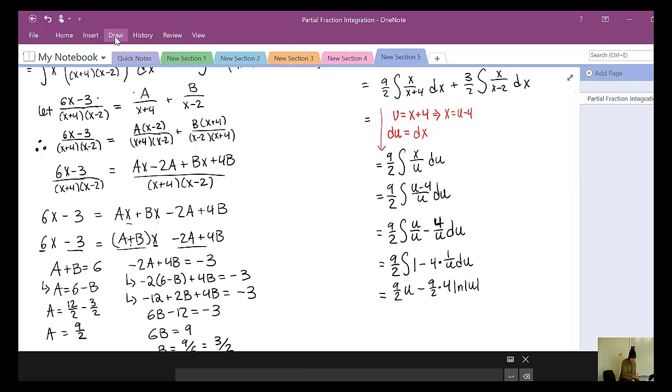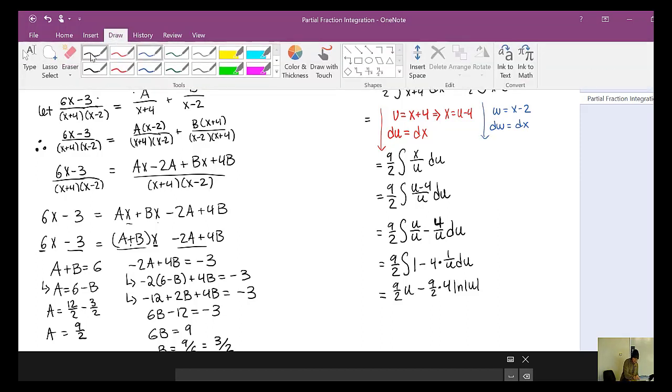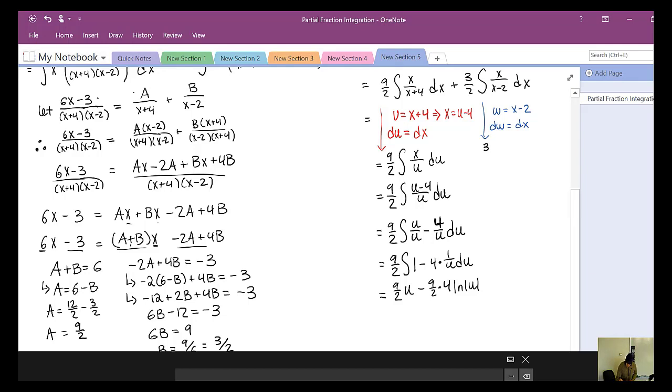And then we can go back up and do this one as well. It's going to be really similar patterns. If I say w is equal to the denominator, x minus 2, dw would be equal to dx. So I have 3/2 integral of w plus 2 over w.